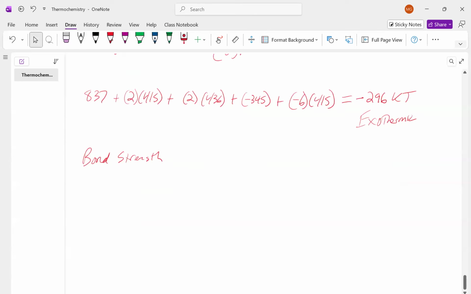Well, we see that a carbon-carbon single bond is weaker than a carbon-carbon double bond, which is weaker than a carbon-carbon triple bond. So triple bonds require more energy, and are stronger bonds.